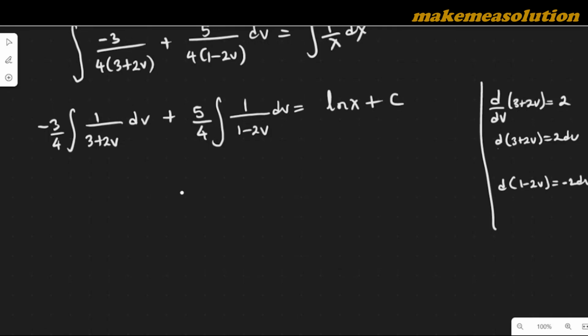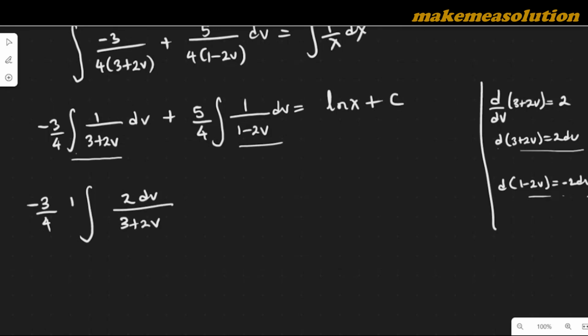So what should I do in these particular places to convert them to the forms that we've established? For this one, first of all, you need to introduce a 2 here, 2 dv, and remember to counter it by introducing a 1/2.